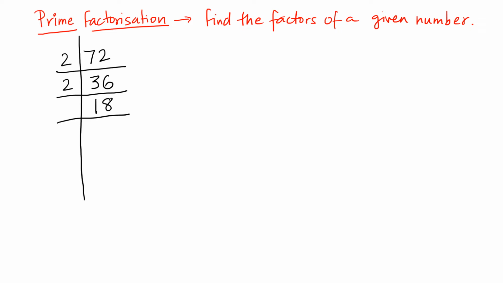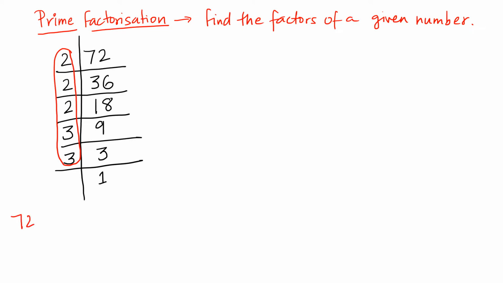This is 18, again even, 2, then you get 9. Now 9 is an odd number, so we are going to go to the next prime number after 2 and divide it with 3. This is going to give you 3, 3 and 1. So that is the process where you get all the prime factors of the given number.